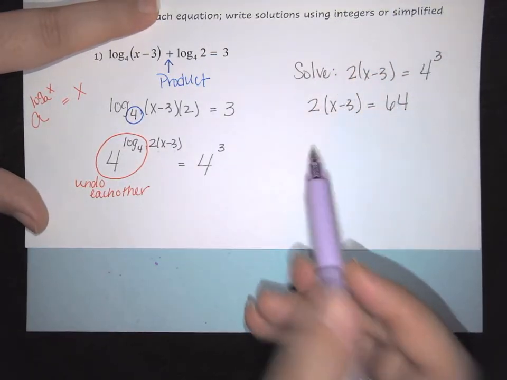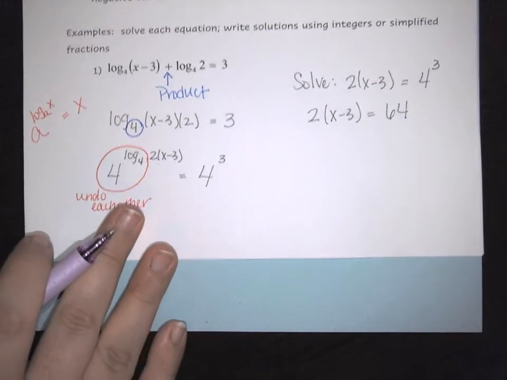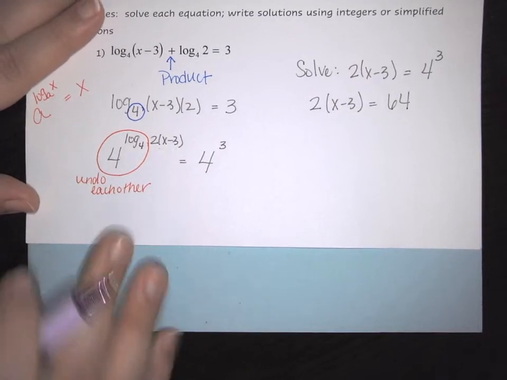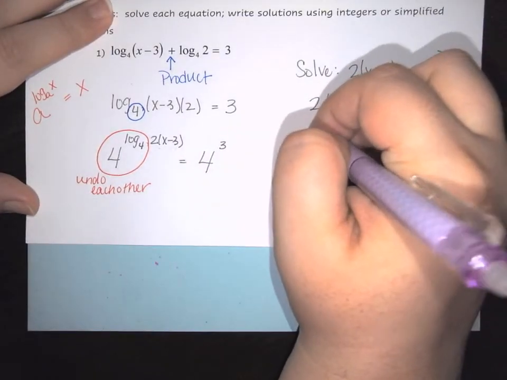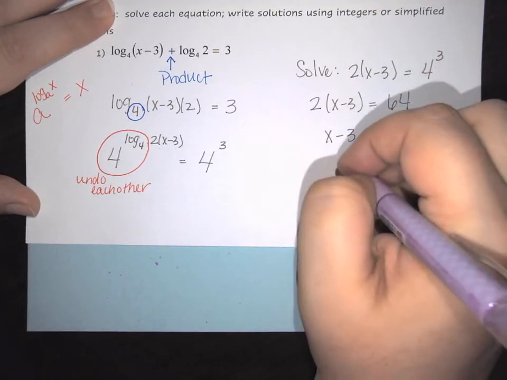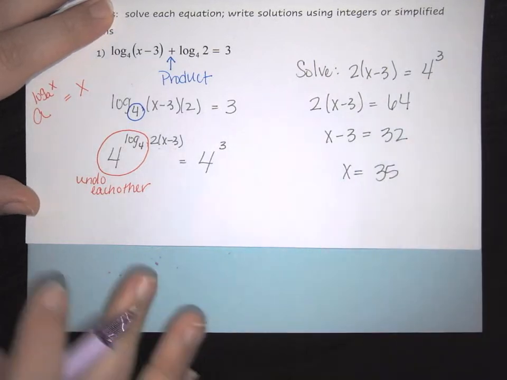With that, we can solve for x. We're going to divide everything by 2, so we have 64 divided by 2. So x minus 3 is equal to 32, so x is going to give you 35 as a result. Okay?